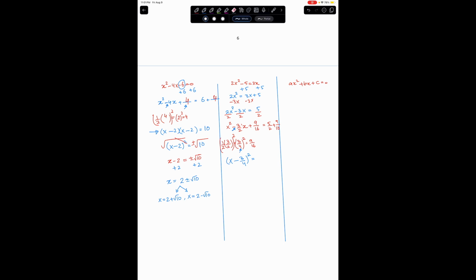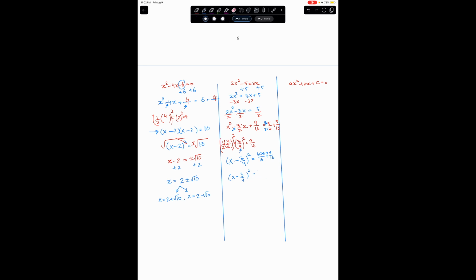So to make 2 into 16, we have to multiply that by 8, which means we have to multiply 5 by 8 as well. So we have 40 over 16 plus 9 over 16. Now that we have the same denominator, we can add the numerators together. So we can get x minus 3 over 4 all squared equals 49 over 16.